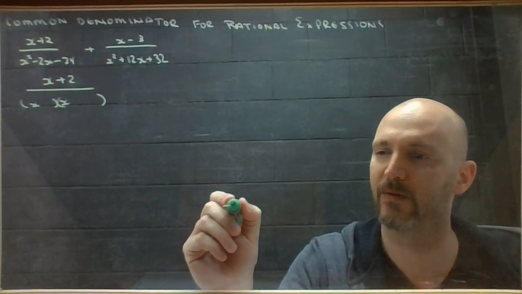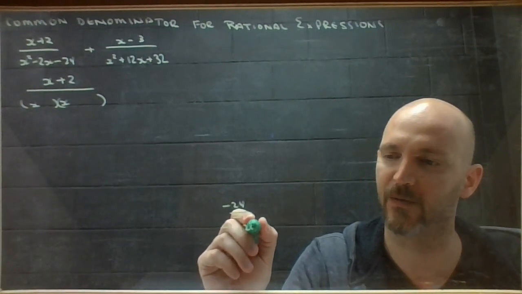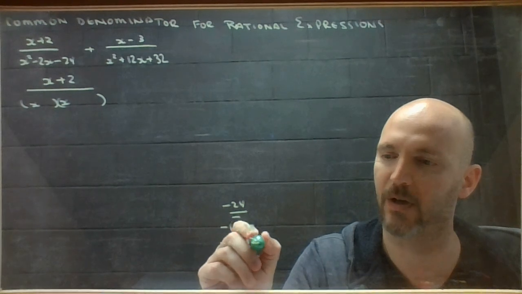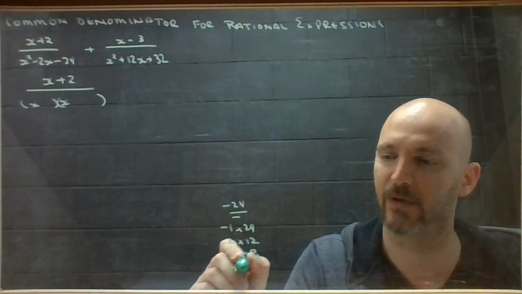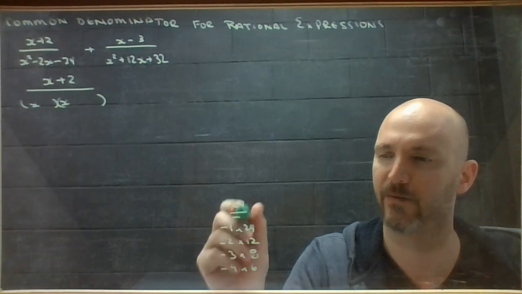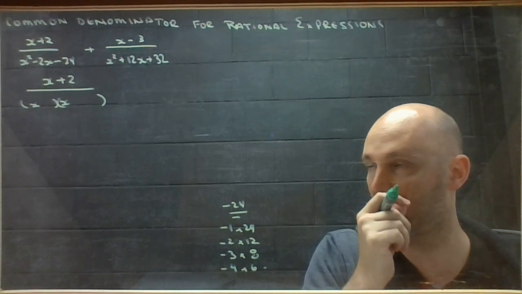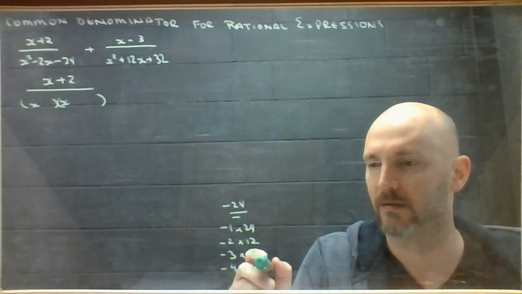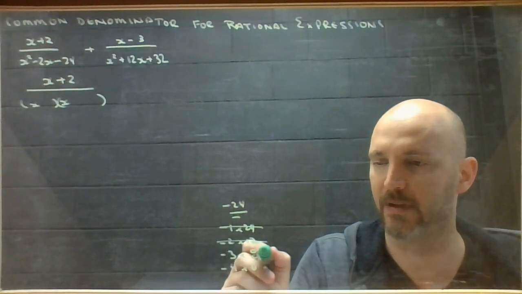So negative 24 could be negative 1 times 24, negative 2 times 12, negative 3 times 8, negative 4 times 6. 5 doesn't go, 6 goes. I've already got 6, so it's the full list. That would be 25, that would be 10, that would be 5.